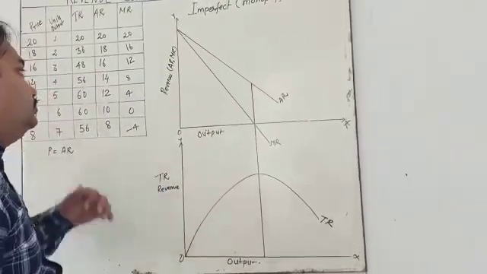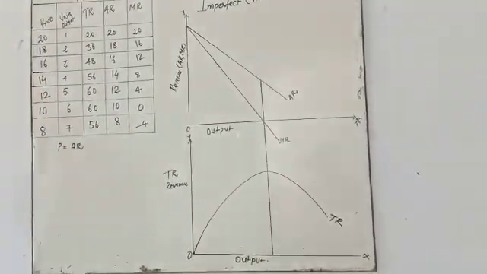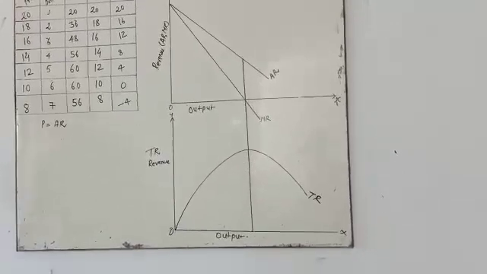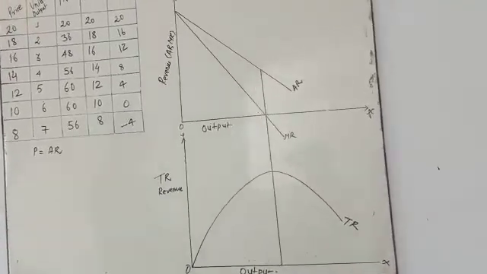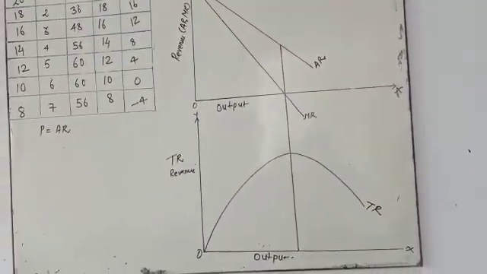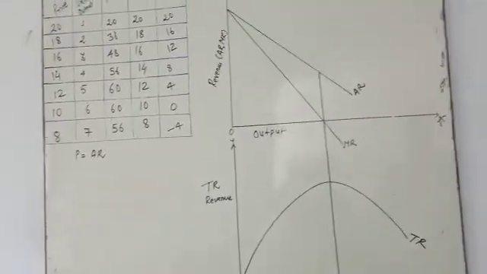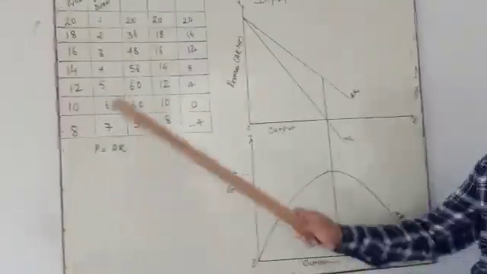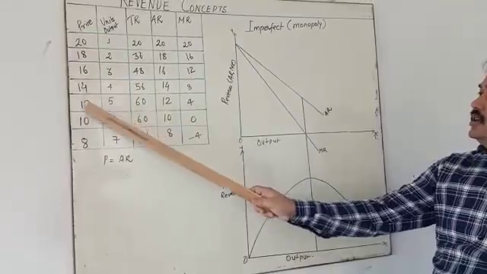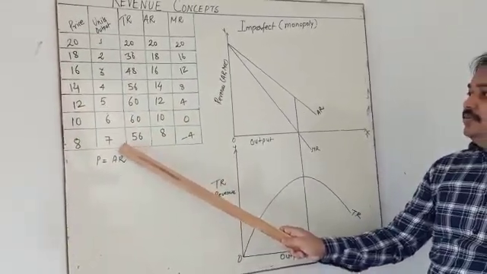So what is the observation, my dear student? In imperfect competition, at different prices the seller or producer sells different numbers of commodities.